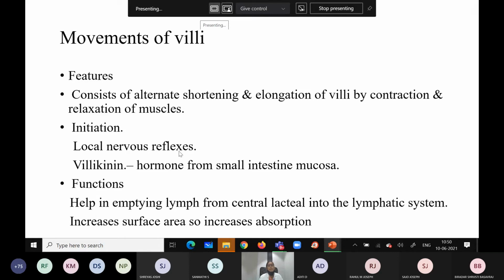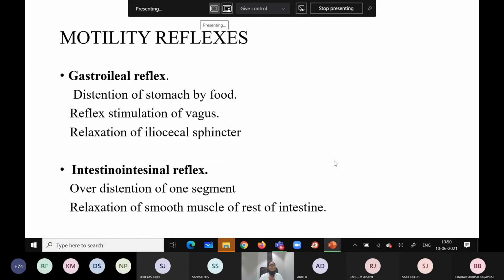They are initiated by local nervous reflexes and by villikinin hormone, which is secreted from the small intestinal mucosa. The function is to help in emptying lymph from the central lacteal into the lymphatic system. These movements also increase the surface area, so they increase absorption. These are called movements of villi or villus movement.